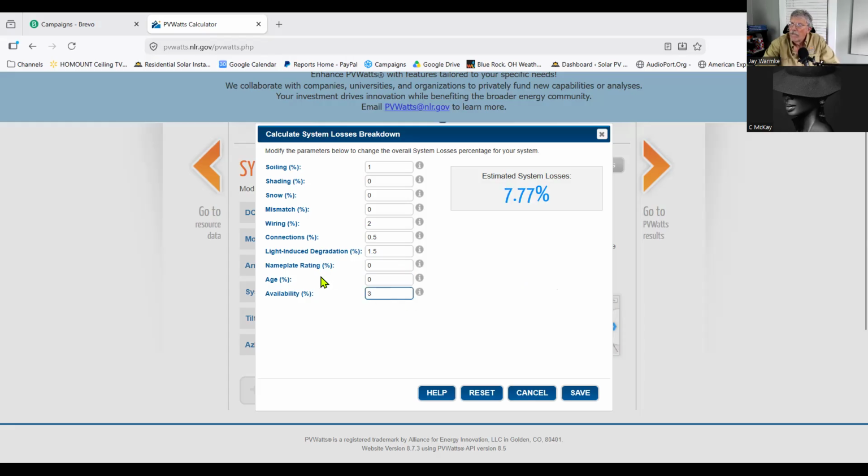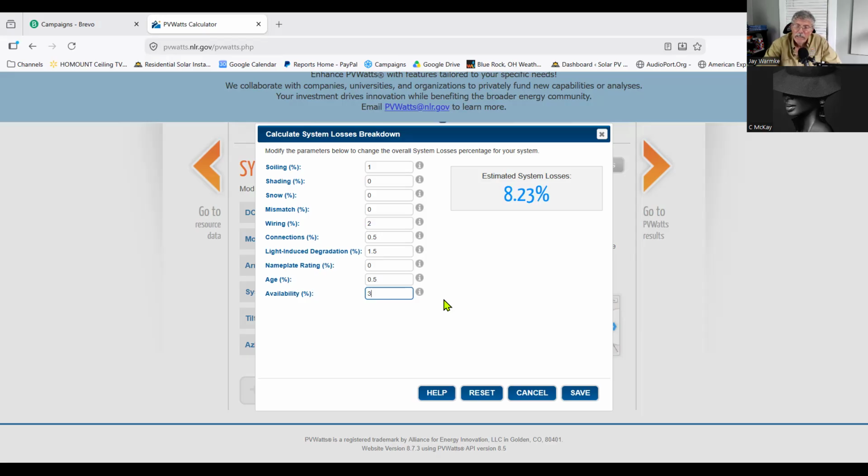And then aging, you could say every year we're going to lose like 0.5%. Because as these things get older, they do lose some of their productivity. It's just the way it works. And then availability. I don't usually like to put a number in availability.